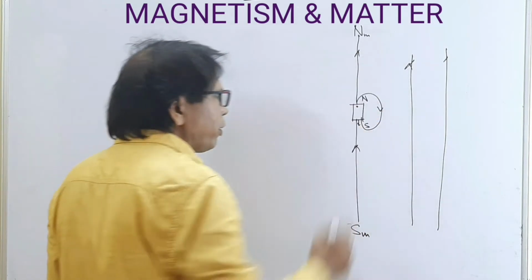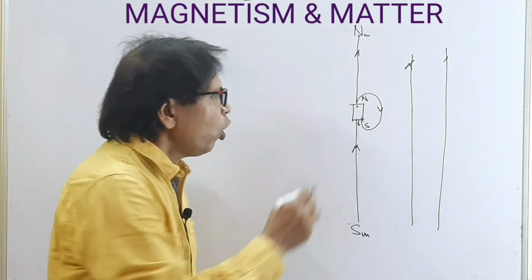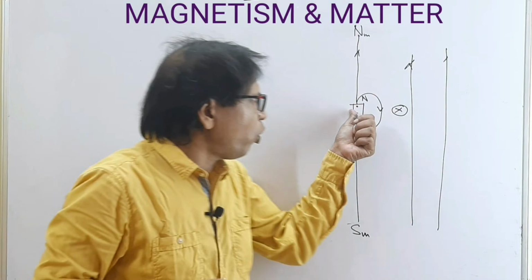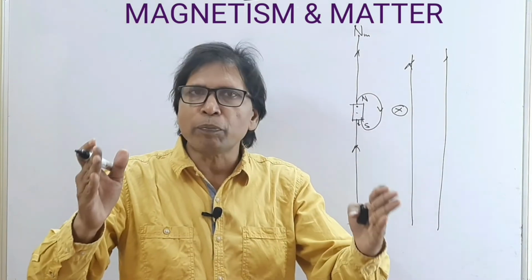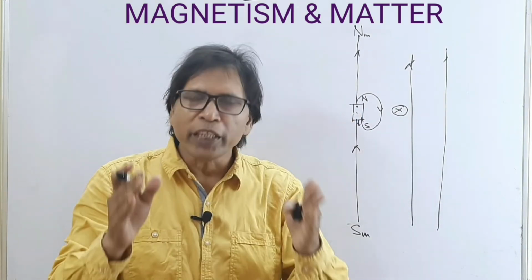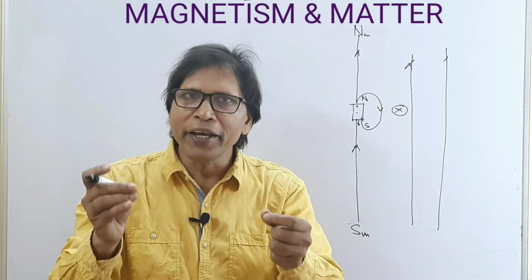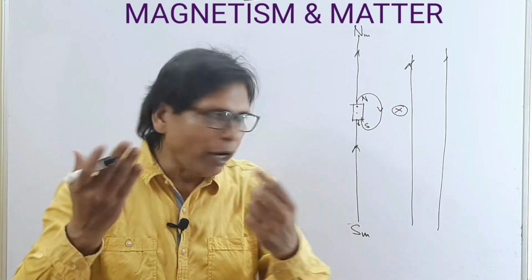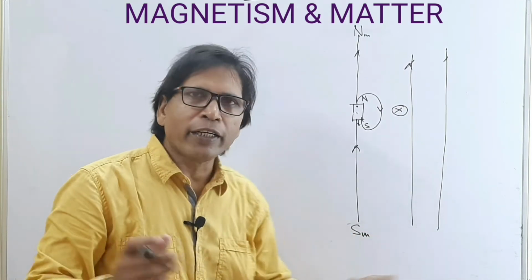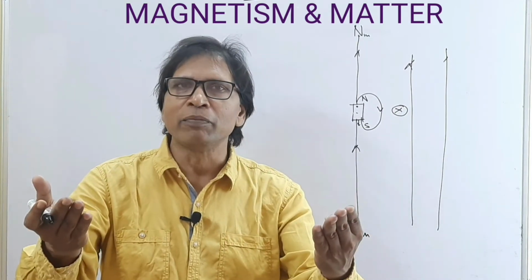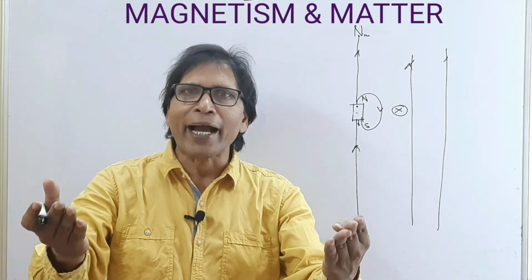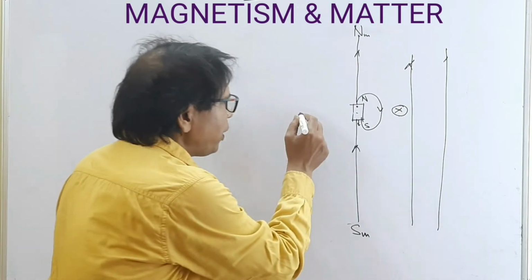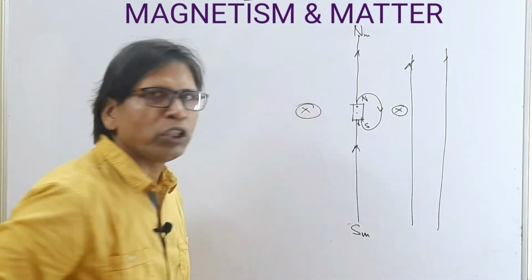So on the perpendicular bisector of this magnet, a point is obtained where the magnetic field due to bar magnet is equal to the magnetic field due to earth magnetism. So the resultant magnetic field at this point becomes 0, and similarly this point also 0.